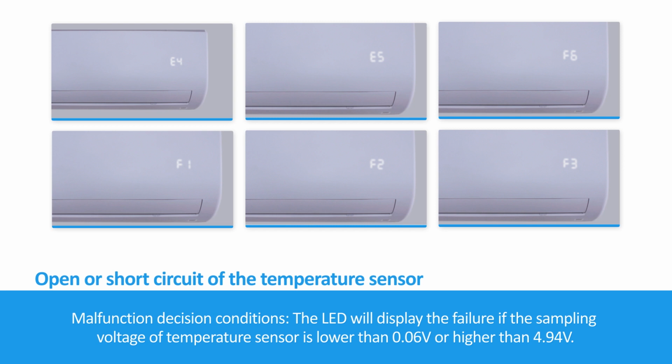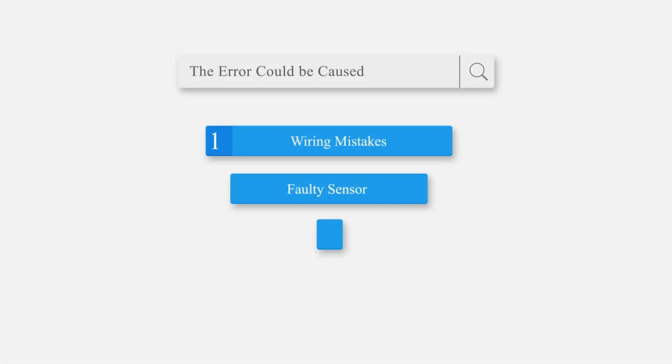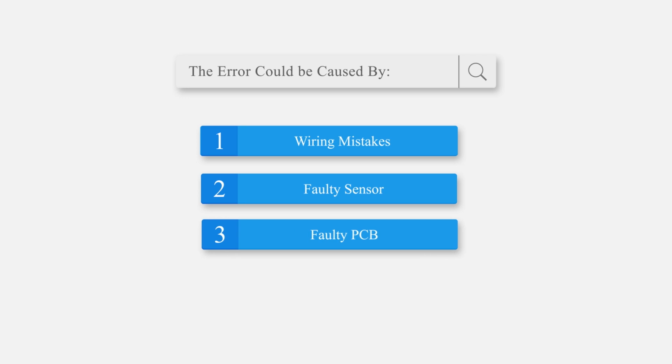Malfunction decision conditions: the LED will display the failure if the sampling voltage of the temperature sensor is lower than 0.06 volts or higher than 4.94 volts. The error could be caused by: 1. Wiring mistake. 2. Faulty sensor. 3. Faulty PCB.